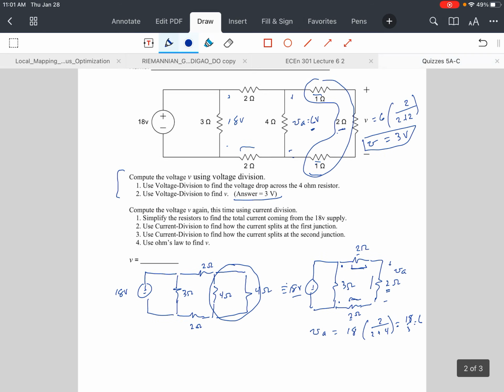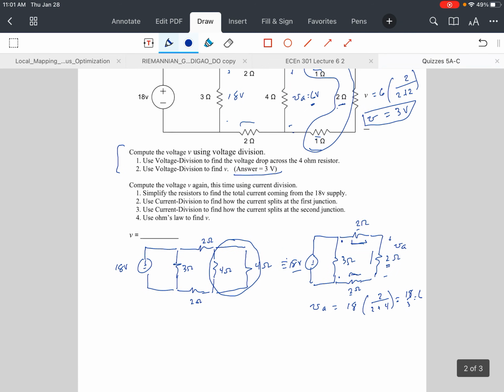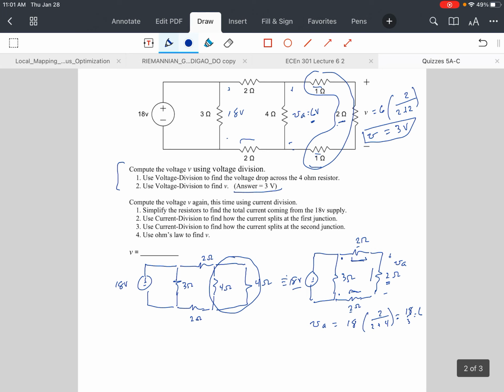All right, so now we want to do it using a current divider. The idea here is that we want to see how much current flows through there.